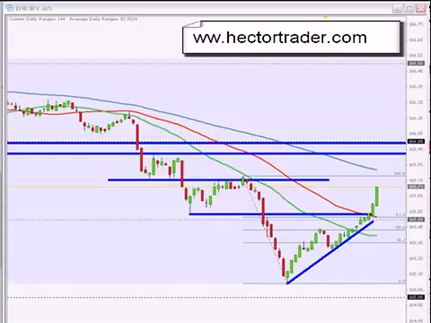We have a previous double bottom here, former support, now working as resistance. Also, this is the 50% Fibonacci level. I've measured it already. This is the 50% Fibonacci level, and of course, the dynamic area of resistance. We have a trend line break right there.